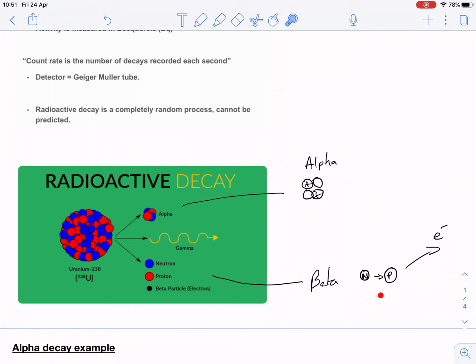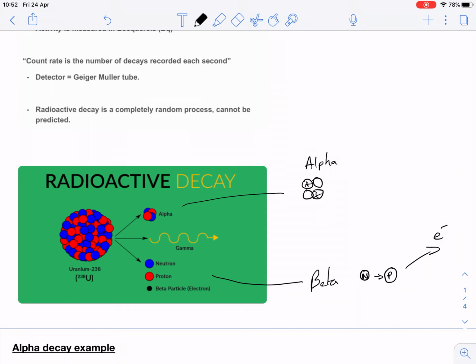The electron does not come from the electron shells. This has an impact not on the mass number, but on the atomic number, and again we're going to look at that in a little more detail in a moment.